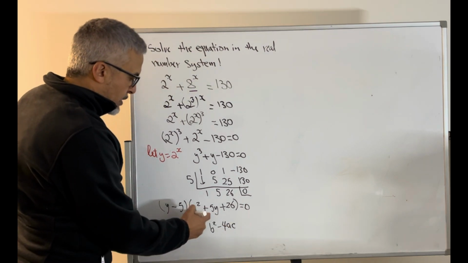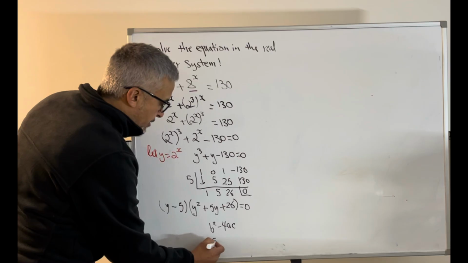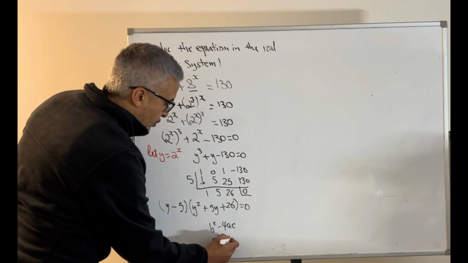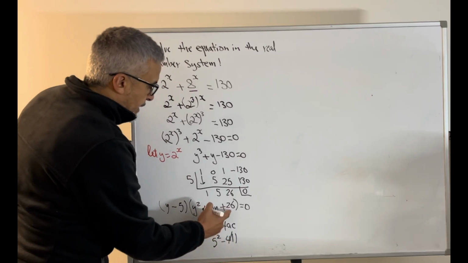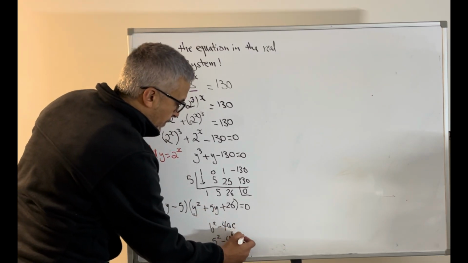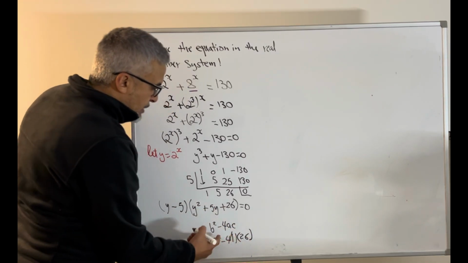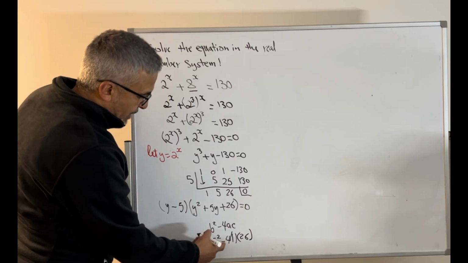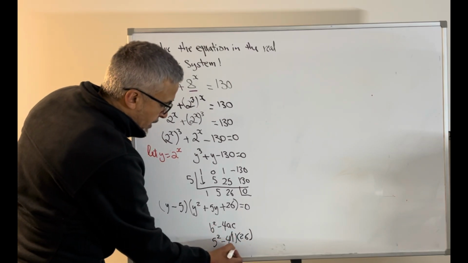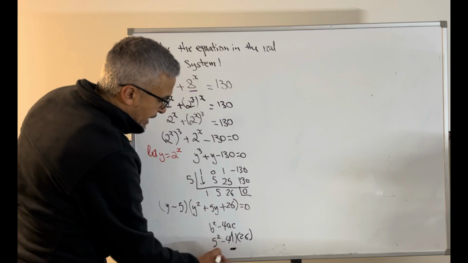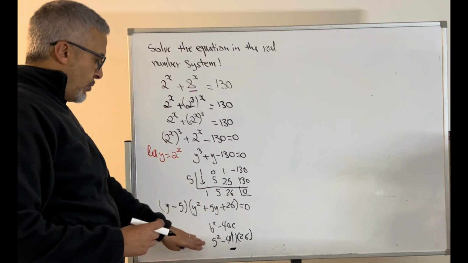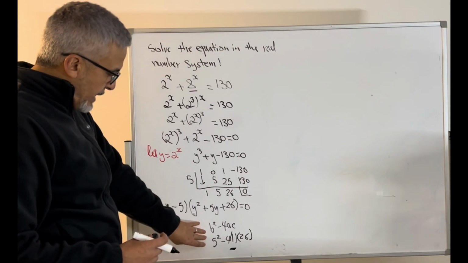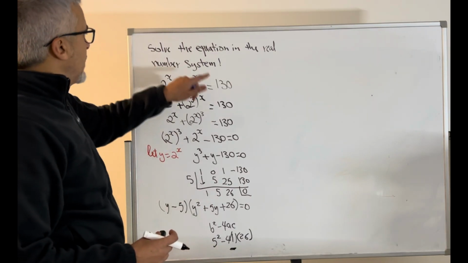So b squared, that will be 5 squared minus 4 times a, which is 1, and times 26. And now it's obvious this is going to be 25 minus a big number, so under the square root we're going to have a negative number, and we cannot square root a negative number, and therefore we're not going to get any other solutions in the real number system.